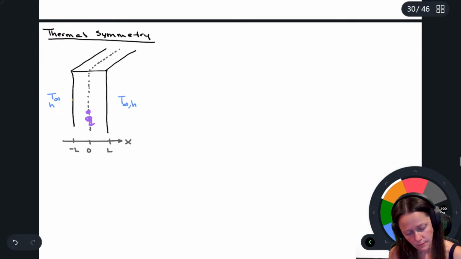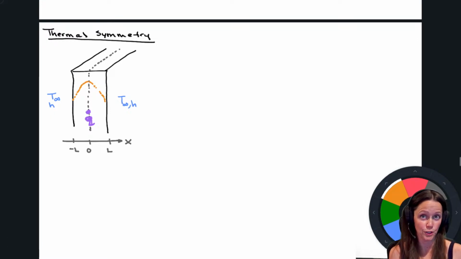Well, your temperature distribution is going to look like that. So if you've solved for the temperature distribution to the right of x equals 0, you've solved for it on the left because it's just the mirror image, right? Okay.